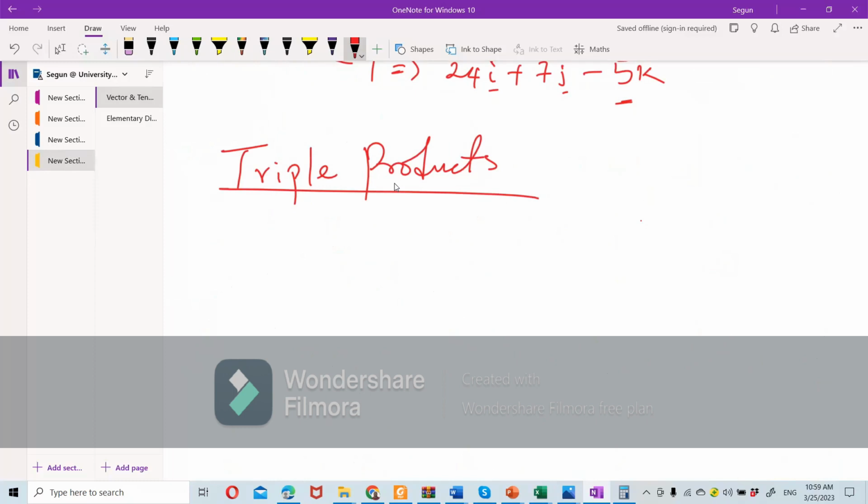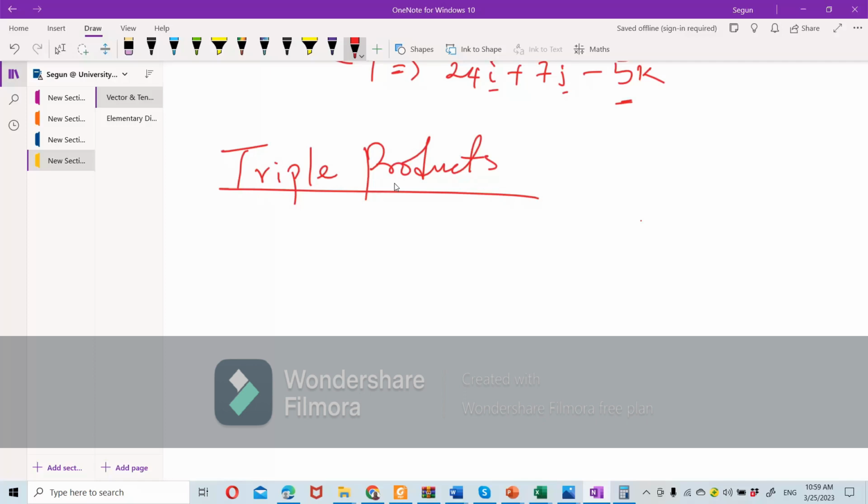Combination of cross and dot? No, triple means three vectors. Three.